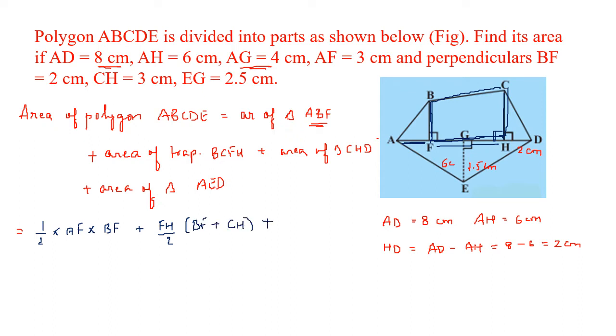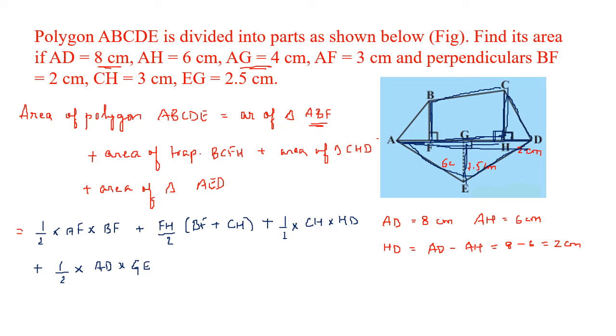Plus area of triangle CHD is half base into altitude, that is half into CH into HD, plus the triangle below, this big one, which has half into the base AD and the height GE.